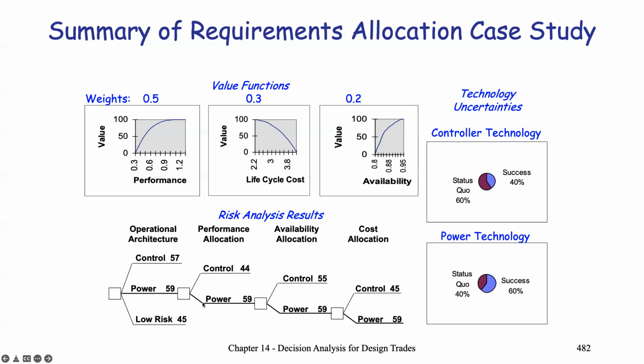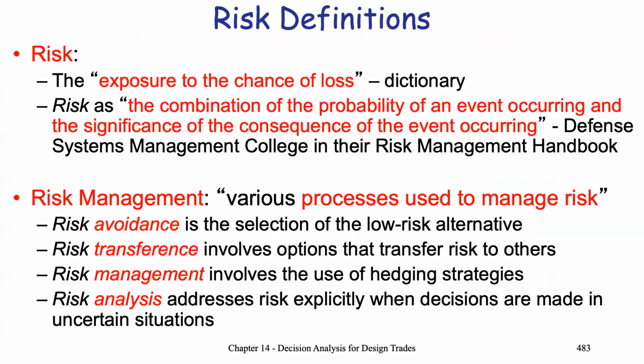For power, we can be looking then at control and power for the performance allocations, moving down to availability allocations, and then finally cost allocations. This is something that might end up being useful. We also have some technology uncertainty about the controller technology and the power technologies. Those are just a few things to be contemplating as we're getting through this analysis process.